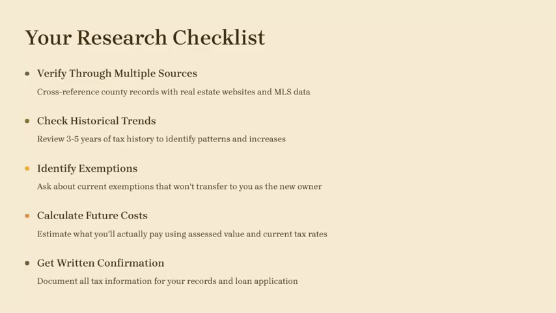Ask about current exemptions that won't transfer to you as the new owner. Calculate future costs. Estimate what you'll actually pay using assessed value and current tax rates. Get written confirmation. Document all tax information for your records and loan qualification.